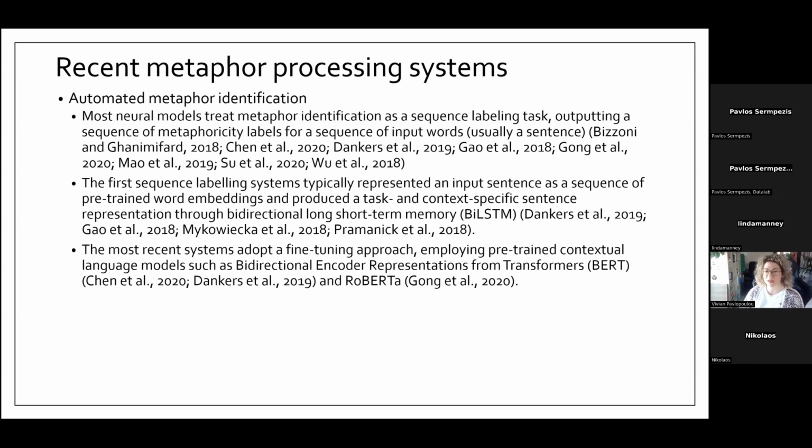The most recent systems also adopt a fine-tuning approach, employing pre-trained contextual language models such as the BERT and RoBERTa models. And from what I know, there is very recent research on how to fine-tune these models, in what way specifically, in order to yield a more accurate result when it comes to metaphor interpretation.